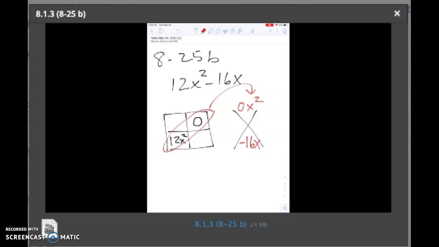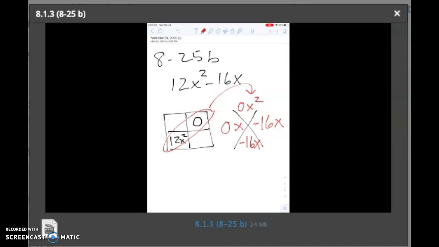So thinking about that, I know that if I'm multiplying something by 0, one of these x terms has to be 0. And so 0x times negative 16x, when I multiply those together, I do get 0x squared. And when I add those together, I do get those negative 16x's in the bottom of my diamond.